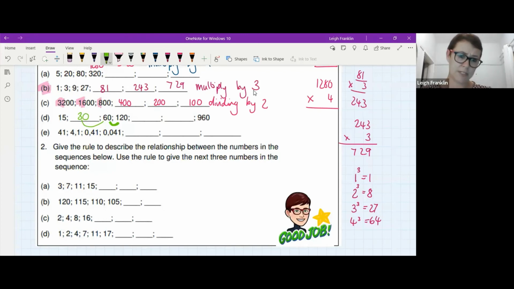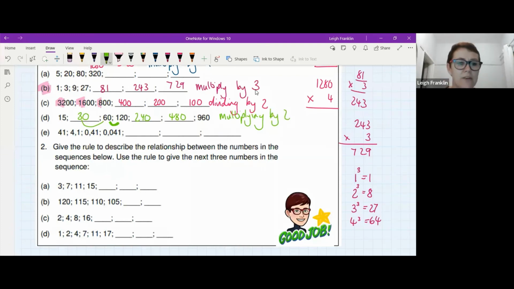Now I double 120 to get 240, then double 240 to get 480, and double 480 to get 960. Yes, absolutely. So here we are multiplying by 2. Good, Sinatando.